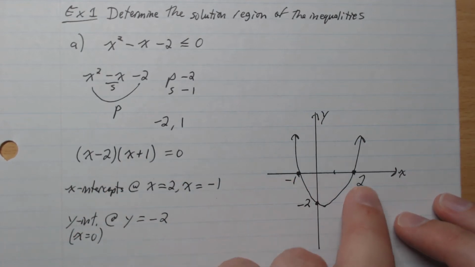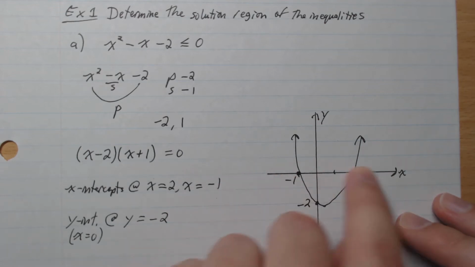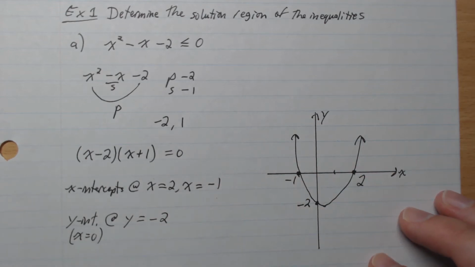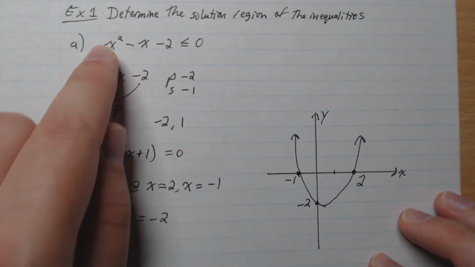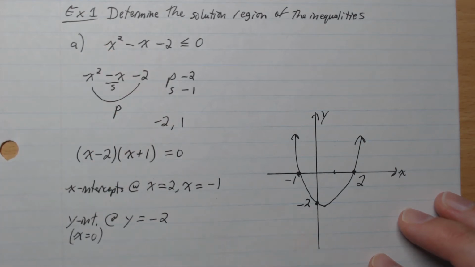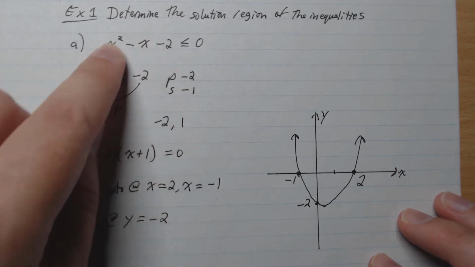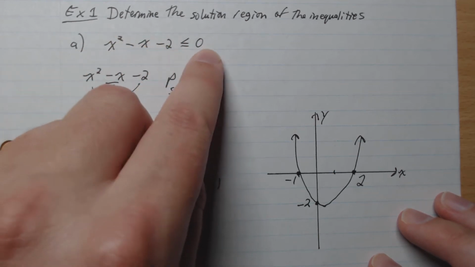And so here at -1 and 2, these are the x-intercepts. The y-intercept occurs when x equals 0, so we plug that in here, we get y equals -2. And so this is a rough graph of our function. I like to think of inequalities of this format as: when is the function less or equal to 0?